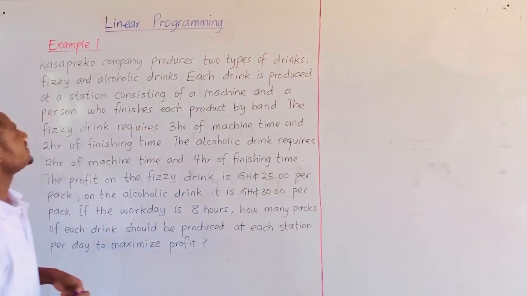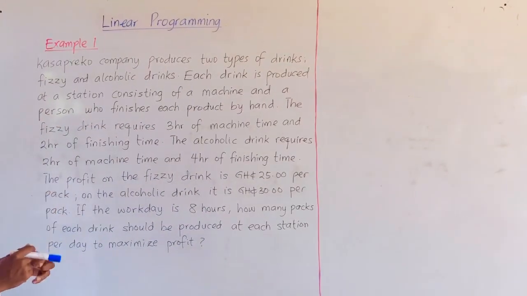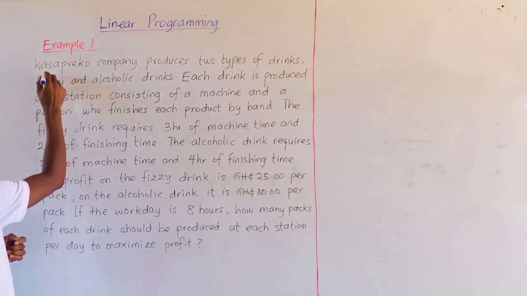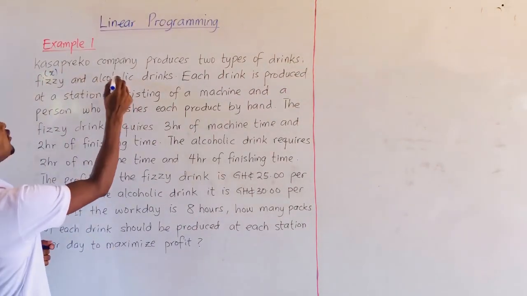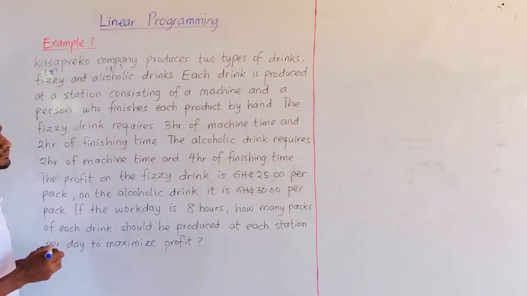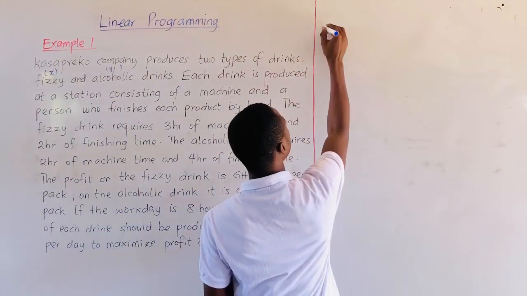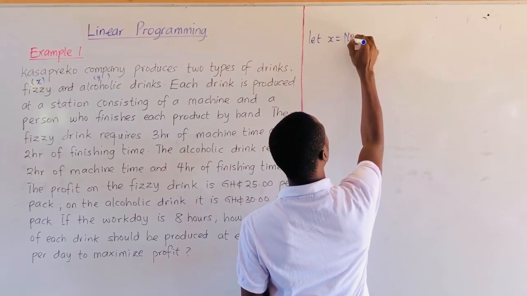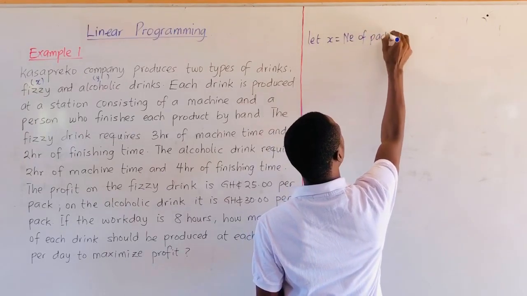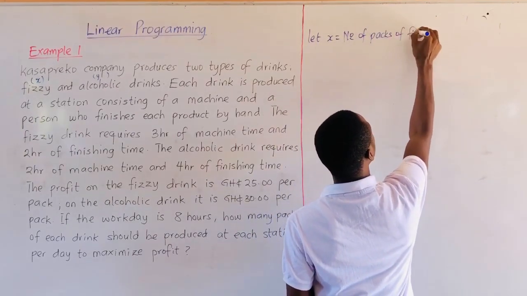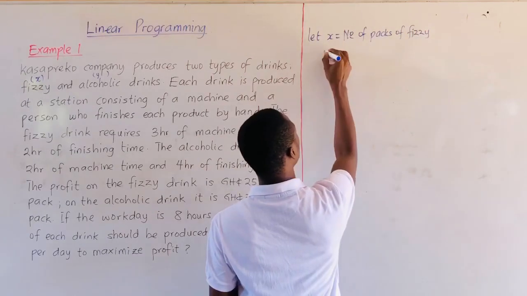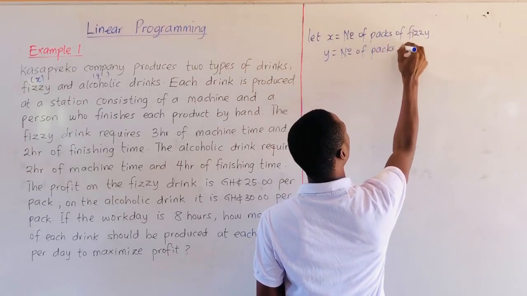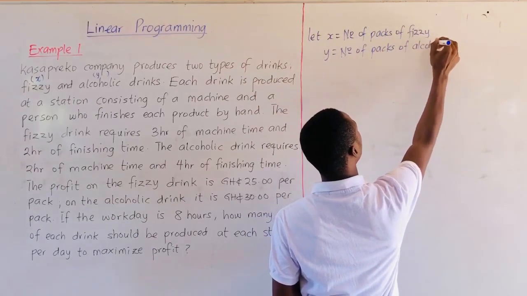The question states that Casapreco produces two types of drinks, so we would have two variables here. Let's represent the fizzy drink by X and the alcoholic drinks by Y. So in our solution, first, let X equal the number of packs of fizzy drinks, and Y will be the number of packs of the alcoholic drinks.